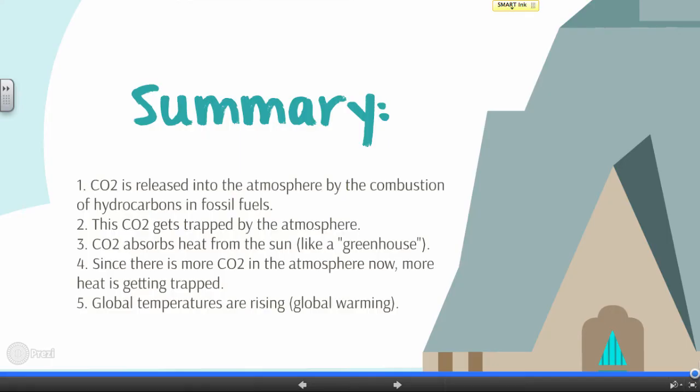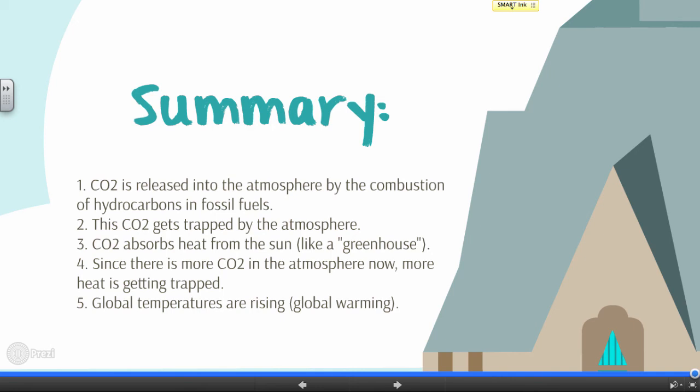So here's a quick summary of how combustion, the greenhouse effect, and global warming are related. First, CO2 is released into the atmosphere by the combustion of hydrocarbons in fossil fuels. So burning these fossil fuels makes the CO2 get into the air. Second step is this CO2 then gets trapped by the atmosphere. CO2 then absorbs heat from the sun and it acts like a greenhouse.